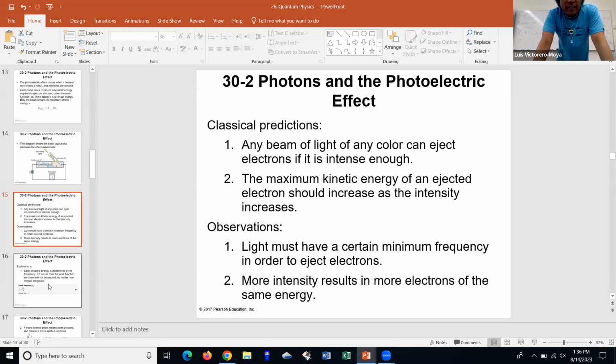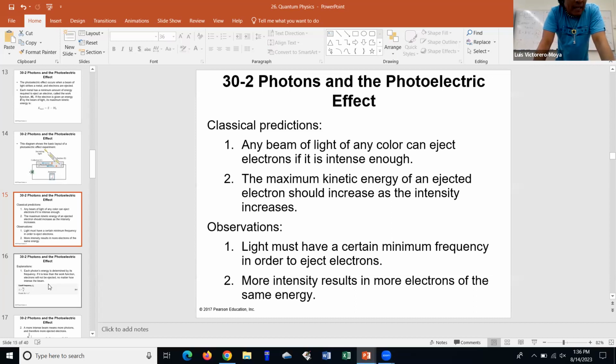The maximum kinetic energy of the photoelectrons will increase as, well, we know this from part 1, right? The kinetic energy increases as you increase the frequency, all right? So there must be a minimum frequency. We call that a cutoff frequency for photoelectrons to be ejected.